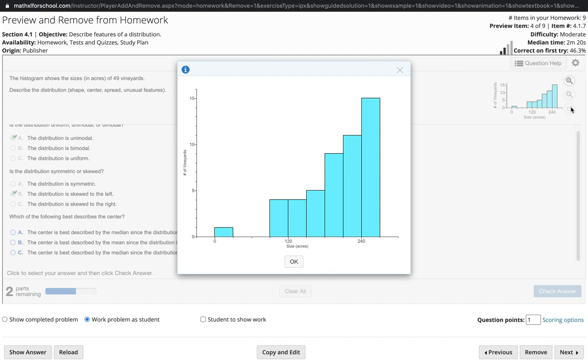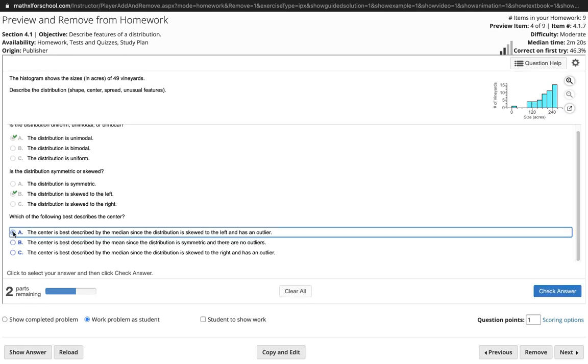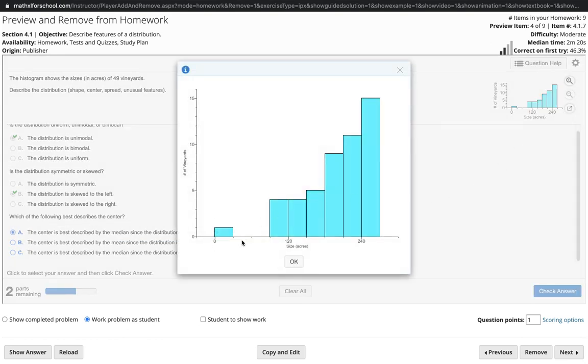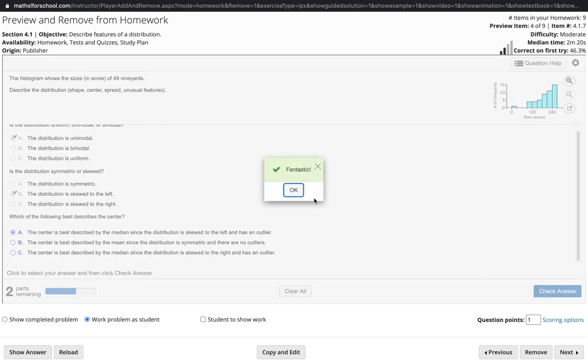In this case, the data is skewed, so the median is most accurate. So the center is best described by the median. So it's got to be A or C. In this case, it's going to be A, because we already said it's skewed to the left. It's best described by the median since the distribution is skewed to the left. And if you look, it does have an outlier off to the left here. So the answer is A.